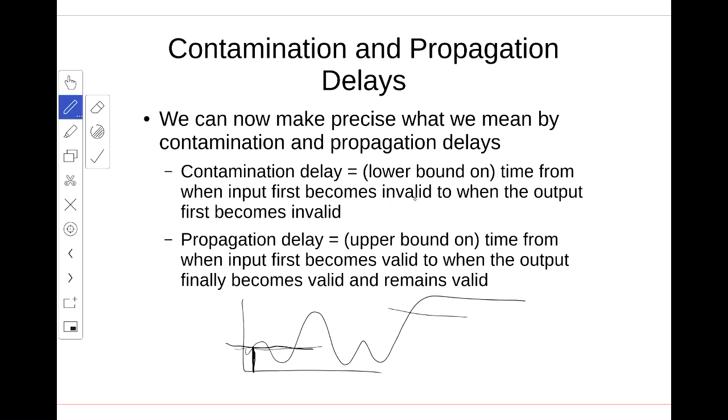And it goes up until when the output first becomes invalid. Because remember, contamination delay is a promise that the output is not going to change. Now, of course, the output will change. As soon as I change the input, the output's probably going to go up a bit.